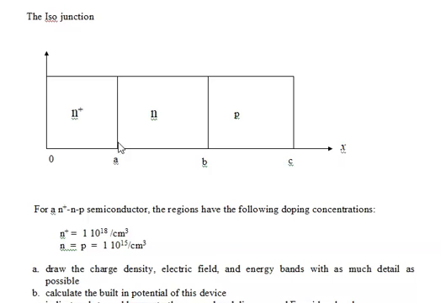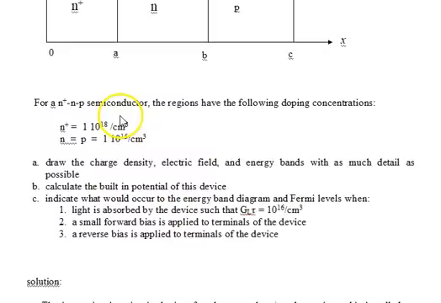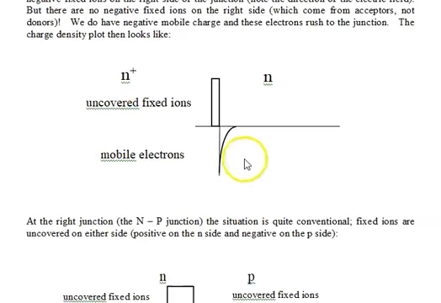In fact, it goes to intrinsic, uncovering positive donor ions, whereas here the Fermi level goes up, which means at the interface it becomes more doped. So instead of uncovering positive donor ions, it actually attracts electrons. And that's exactly what we see here.